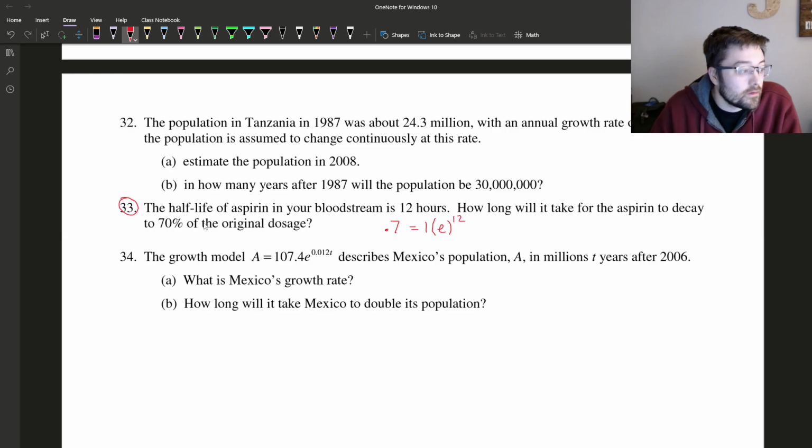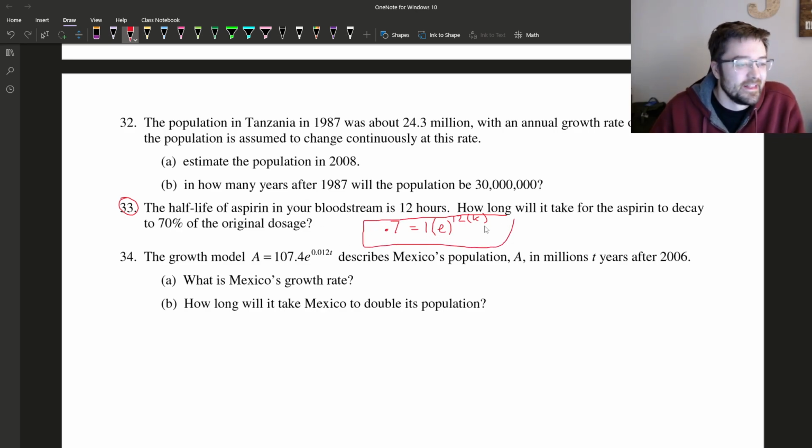12. Oh, I guess we'll have to go through, because we don't have the k value here. My mistake. We'll have to go through, we'll save the 0.7 calculation for later.